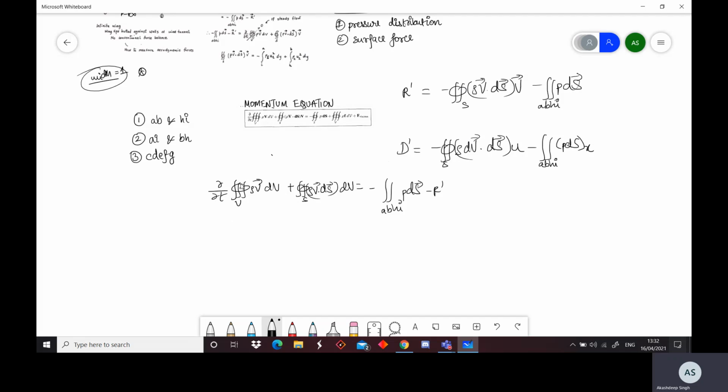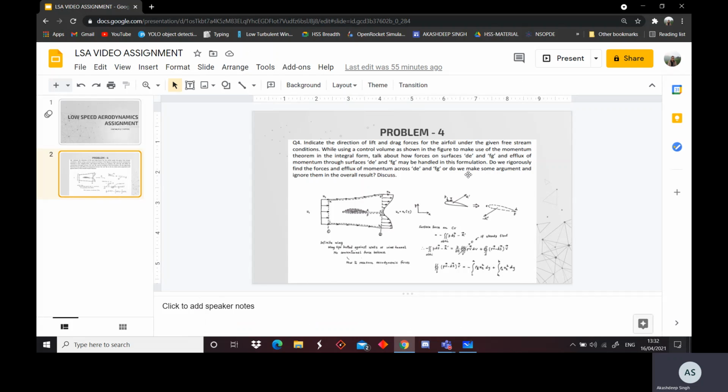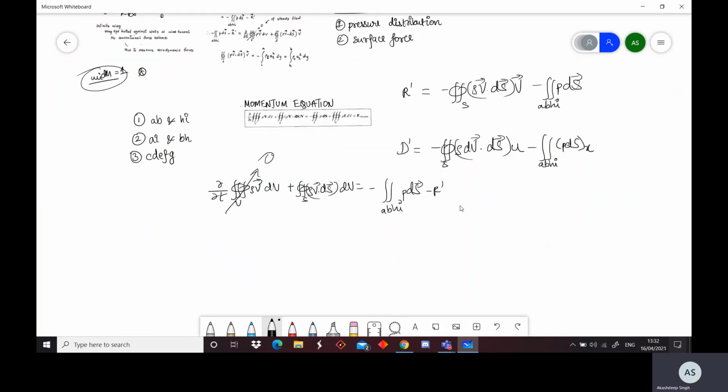Also, assuming steady flow, we can say this del by del t term is equal to 0. So this is one of the assumptions being taken over here. Some assumptions are there that we keep in mind: steady flow, and uniform velocity inside.